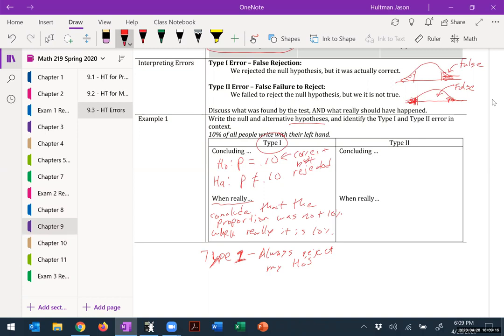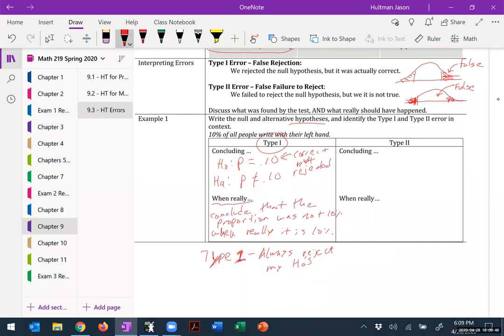If you're always rejecting your hoes, that leads you to a type 1 error, because you would falsely reject hoes that don't need to be rejected. Maybe they're good hoes, I don't know. But I always reject my hoes, and therefore I'm going to end up with type 1 errors if I'm constantly rejecting them. Maybe they don't need to be rejected.